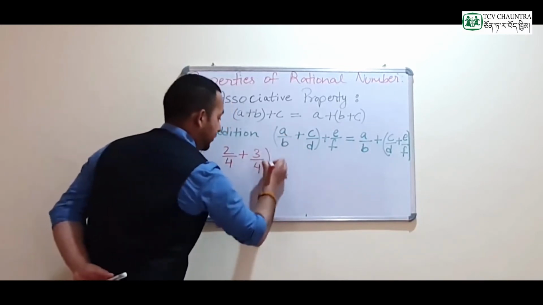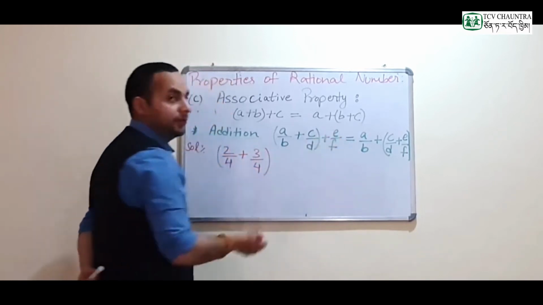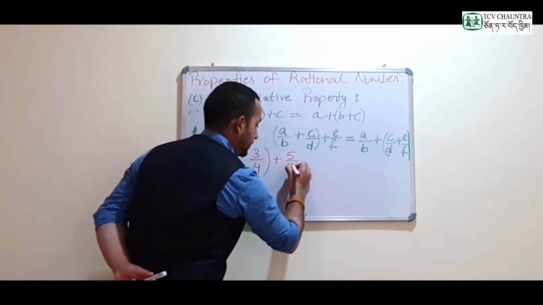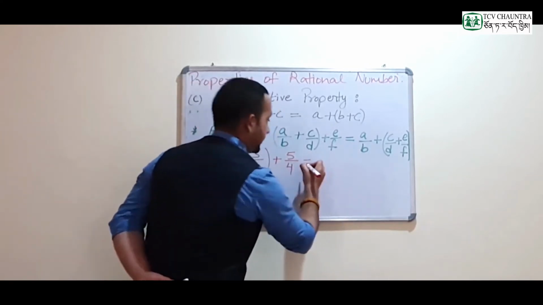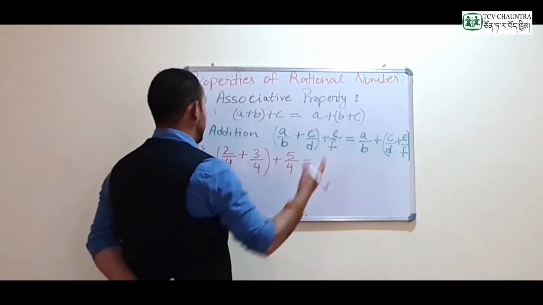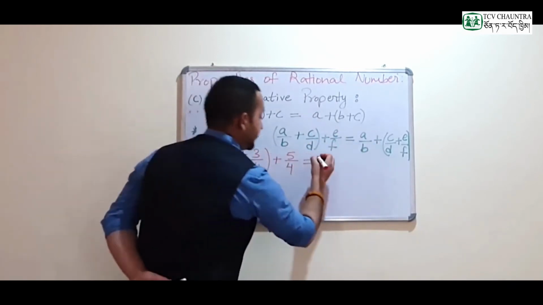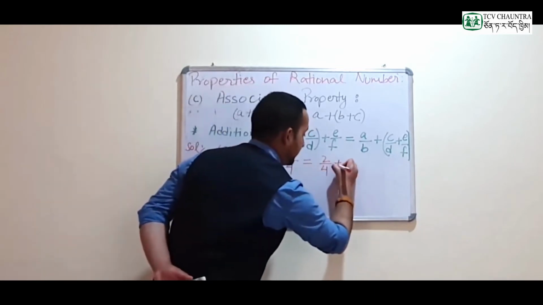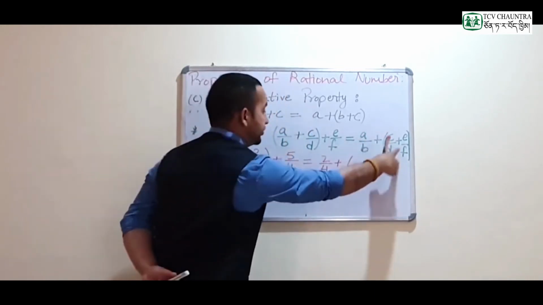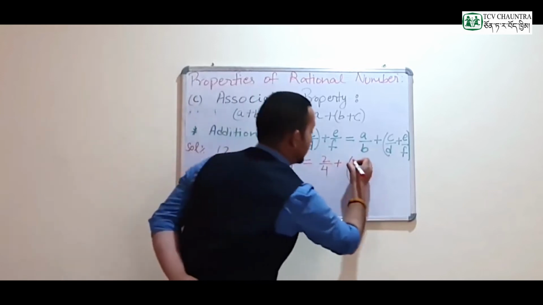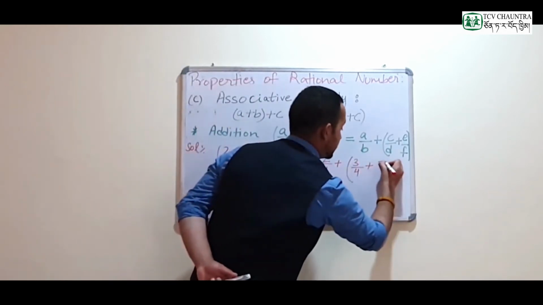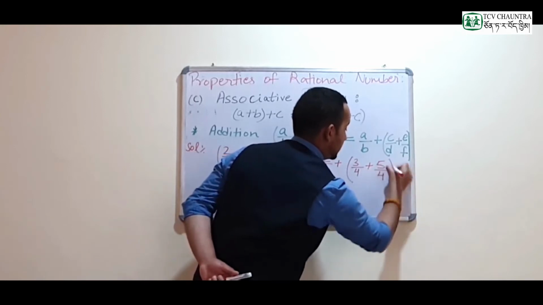And in place of E upon F we substitute 5 upon 4. Similarly on the right hand side, in place of A upon B we substitute 2 upon 4, plus bracket C upon D, 3 upon 4, plus 5 upon 4.